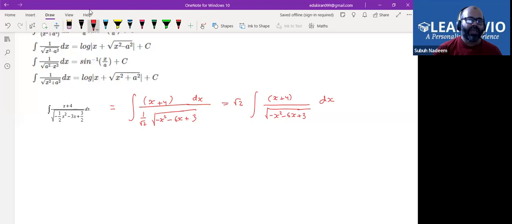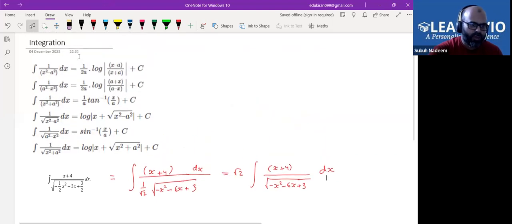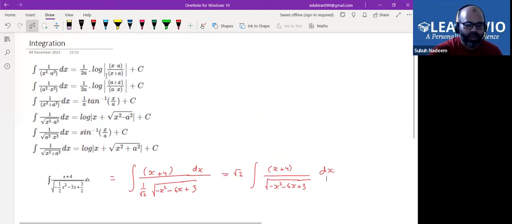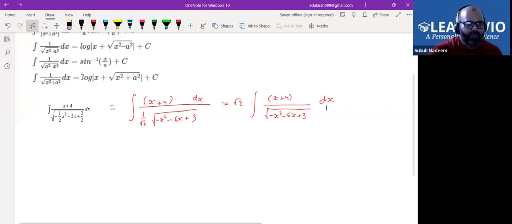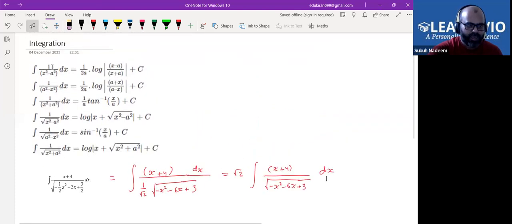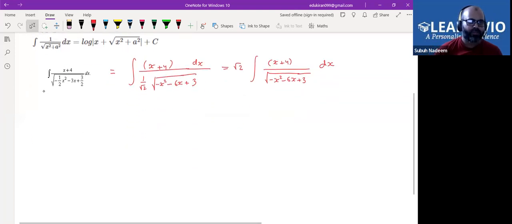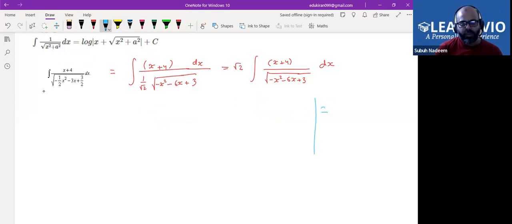Now, before applying any of these 6 formulas, first we have to make the numerator constant. Every formula has numerator 1. It is not linear. So what we have to do, in rough, is differentiate what is inside the square root, minus x square minus 6x plus 3, and we get minus 2x minus 6.